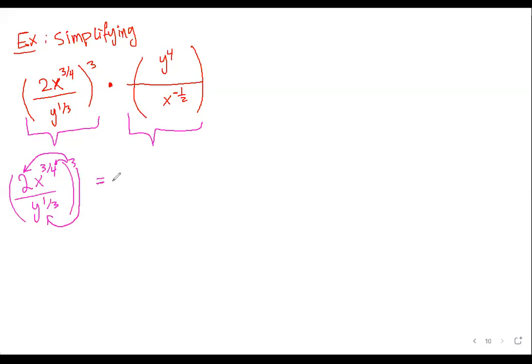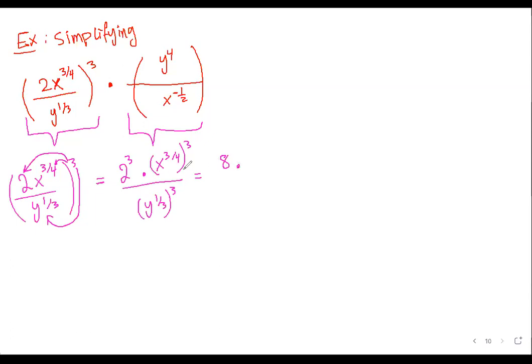Okay? So 2 to the power 3 times x to the 3 over 4, everything to the power 3, over y to the 1 over 3, everything to the power 3. What's the answer for this one? 2 to the 3 is 8.